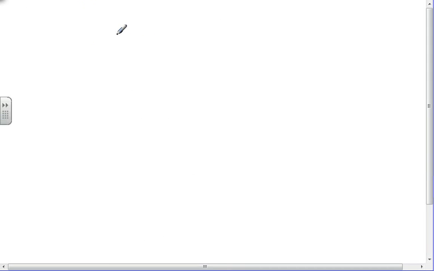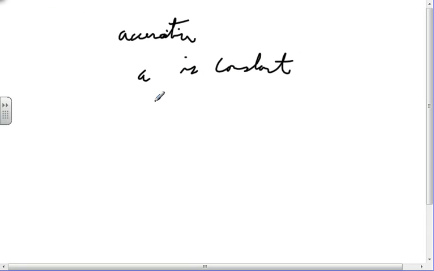In our physics book, as long as acceleration A is constant. If it's not constant, then something else is happening.